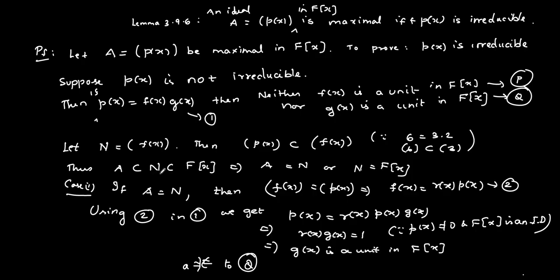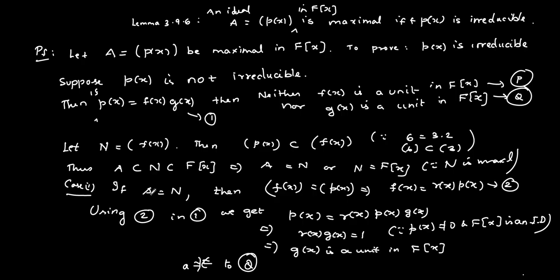Then N being an ideal in F[x], it must be contained in F[x]. But A is maximal. That means A must be equal to N or N must be equal to F[x].